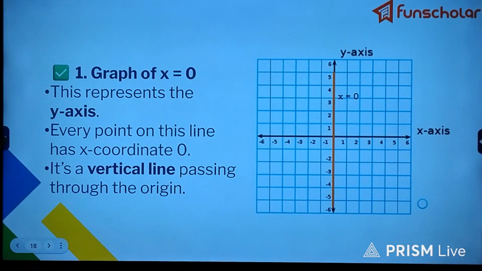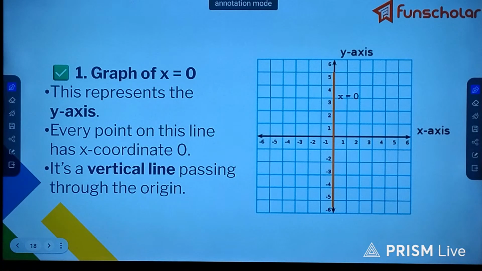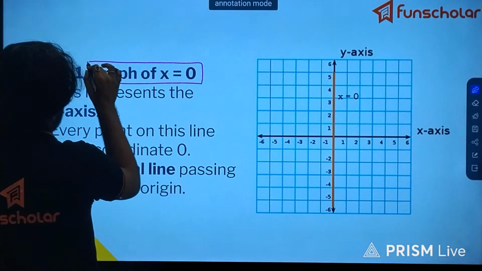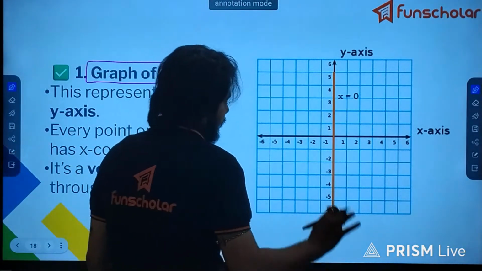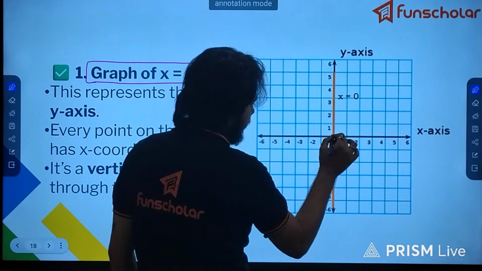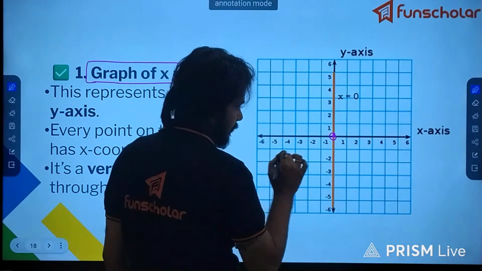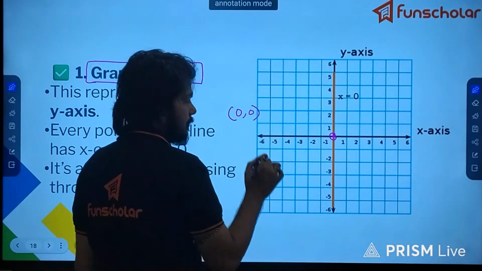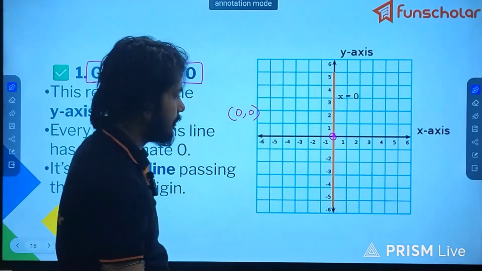Now graph of x equal to 0. See, take this point. What is the coordinate of this point? You will say 0 comma 0, sir. I will say yes, very good.